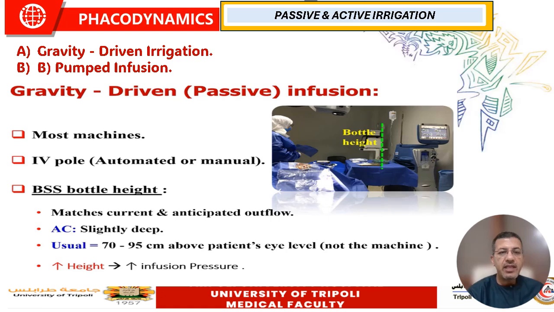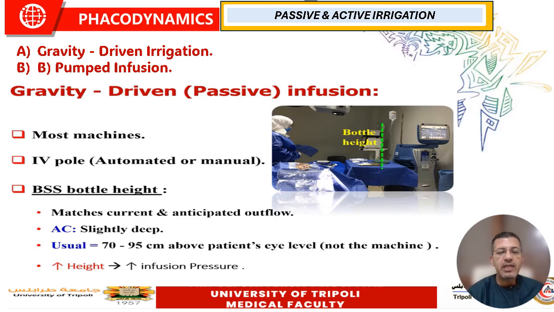Now, for the gravity-driven or gravity-based irrigation, you have a fixed bottle height that maintains a hydrostatic pressure difference between the atmospheric pressure and the intraocular pressure. This level of infusion maintains the stability to some extent in the anterior chamber.